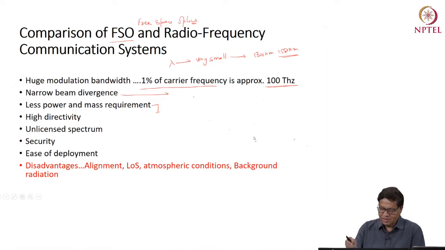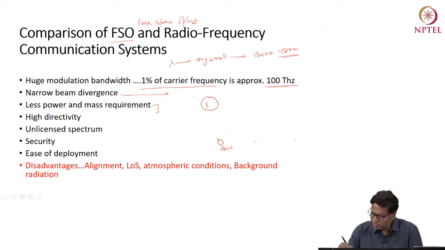Suppose you have a laser beam, and this is your Earth, and this is, say, Mars. The divergence of an optical beam traveling from Mars to Earth is actually 0.1 of the Earth diameter.